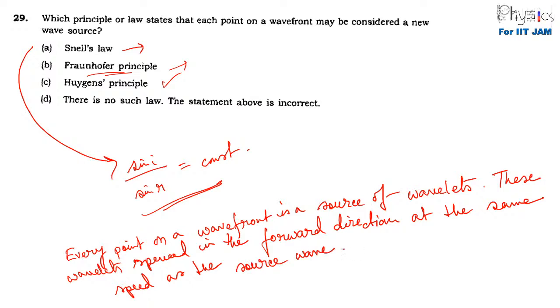Okay, that means our correct answer is option C, as it tells us that each point on a wavefront can be considered as a new wave source.